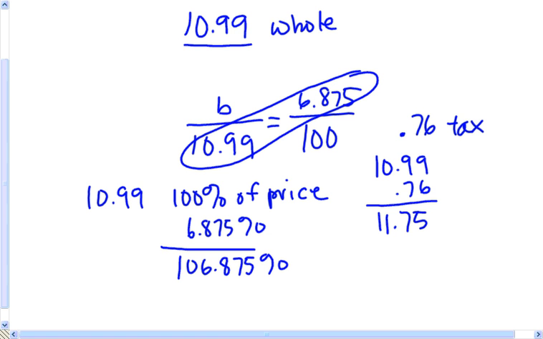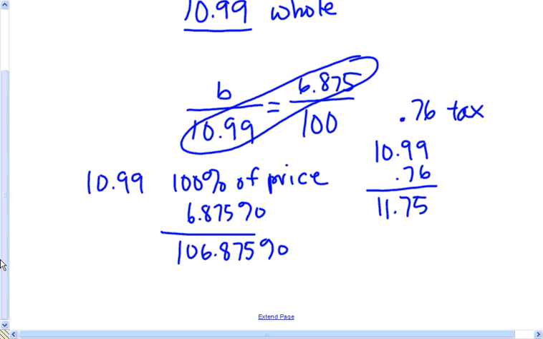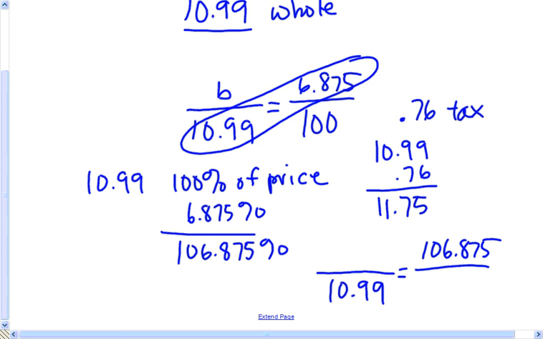So if I use that in my proportion, I'm going to put my 1099 as my whole, and I'm going to use 106.875 as my percent, and that's out of 100, of course.